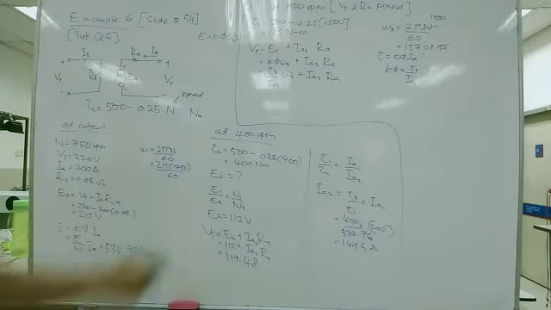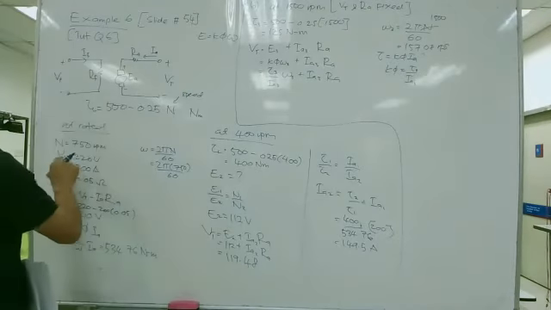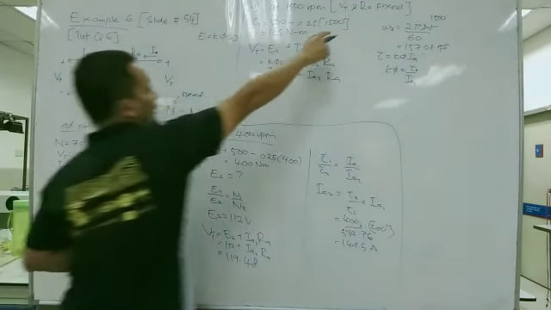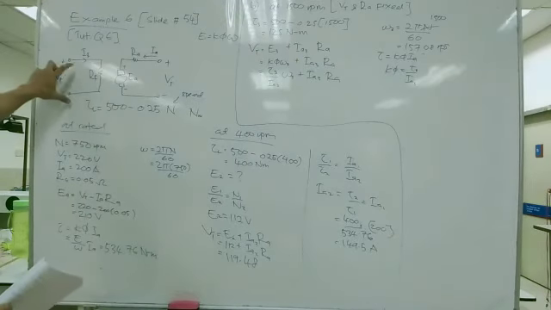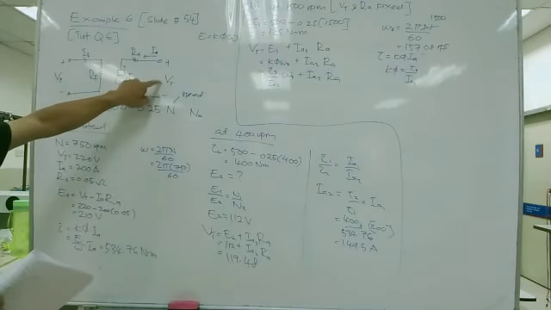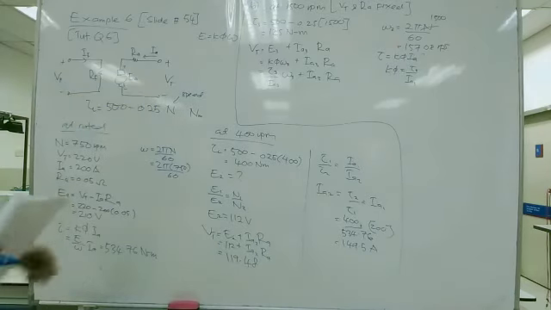So the terminal voltage is the same as the rated because it is fixed. We just control the field current, but the terminal voltage at the armature is fixed.